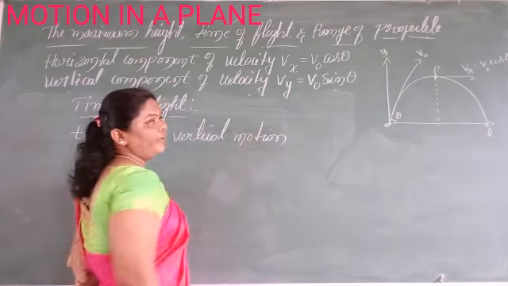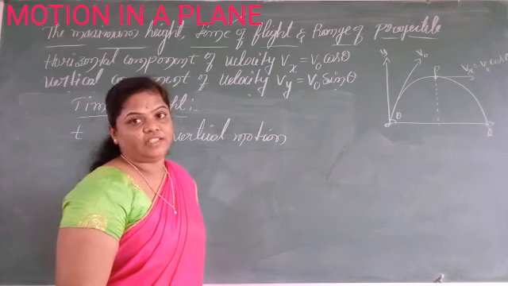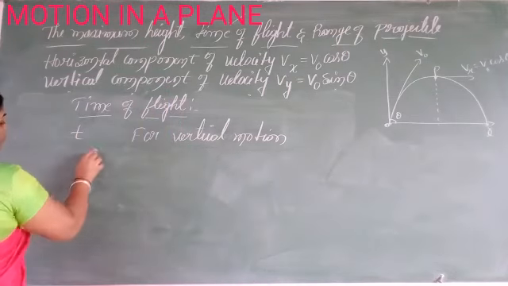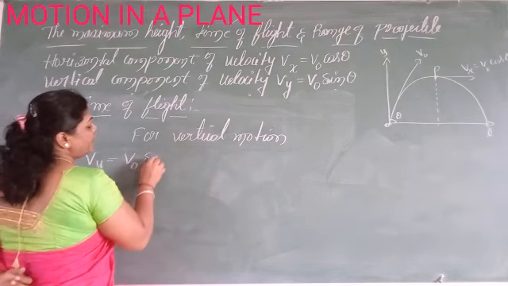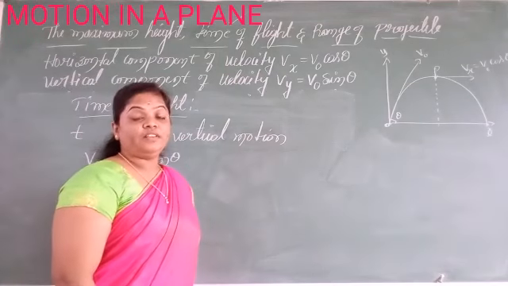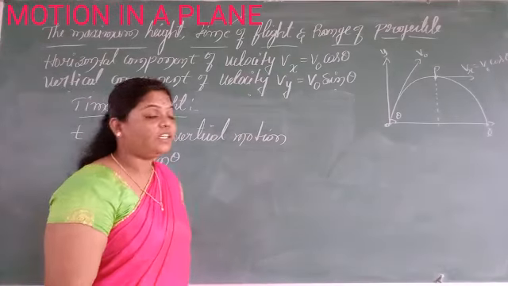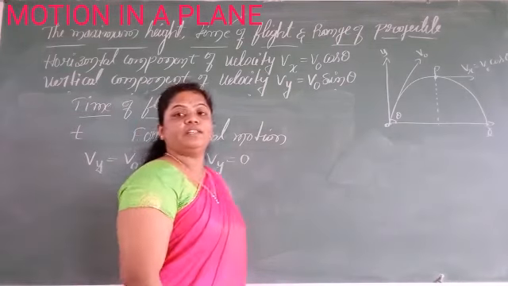So here we can take the vertical component of velocity, that is Vy is equal to V0 sin theta. So this is the initial velocity. Then the final velocity, that is Vy becomes 0. Final velocity is 0.